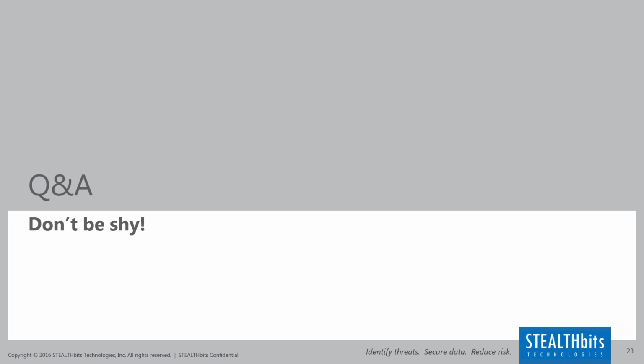Okay. Does this solution utilize agents placed on the DC that report to an on-premise box? So this is the only part about this that I've talked about that would require an agent is activity. Now, if you're looking for real-time change monitoring, a part of this solution, which is called Stealth Intercept, would require an agent on the domain controllers.